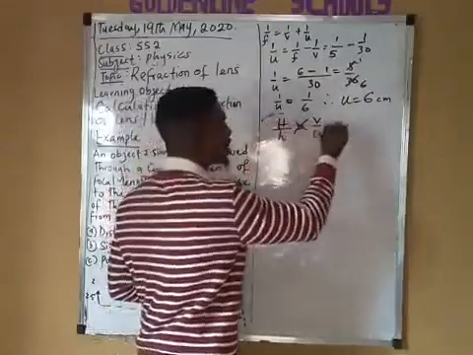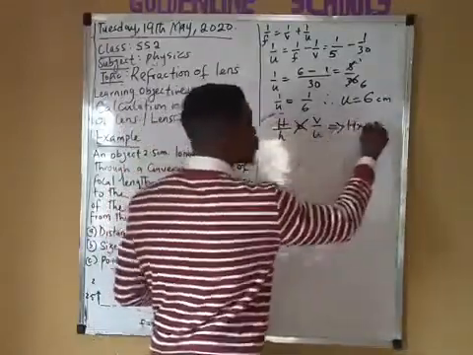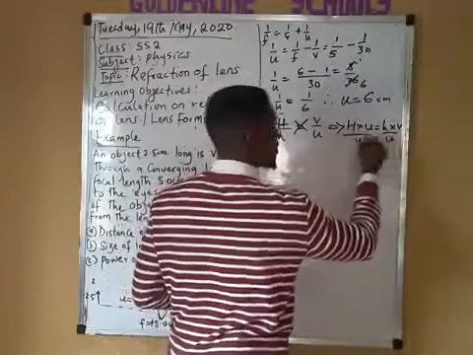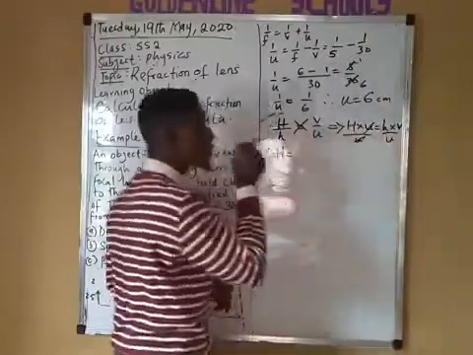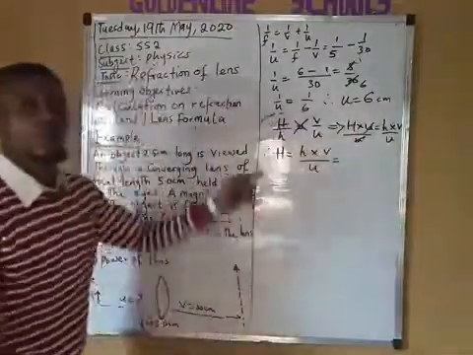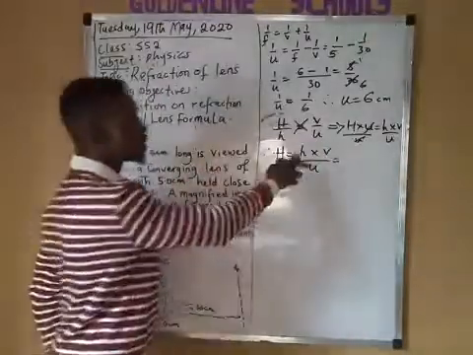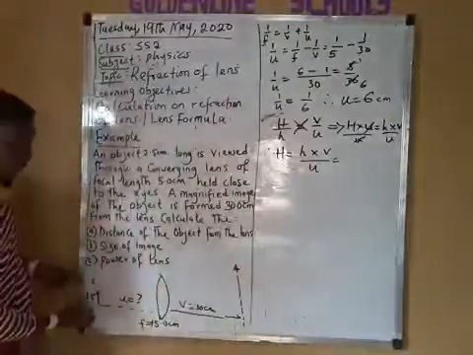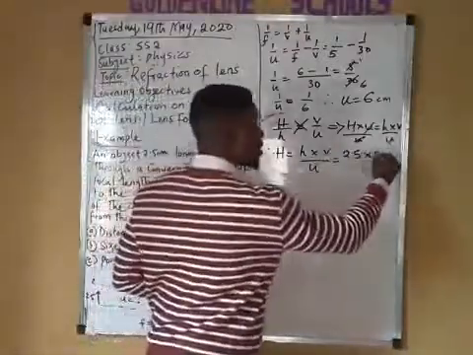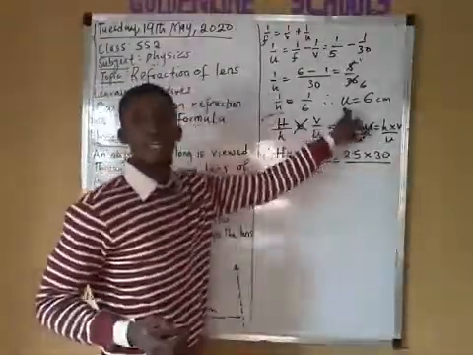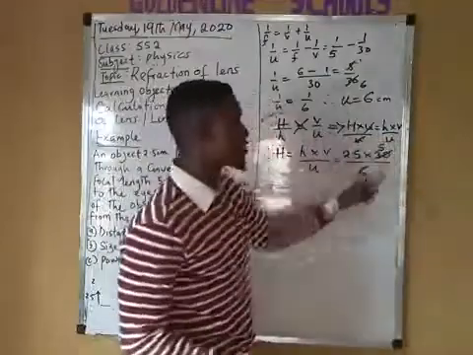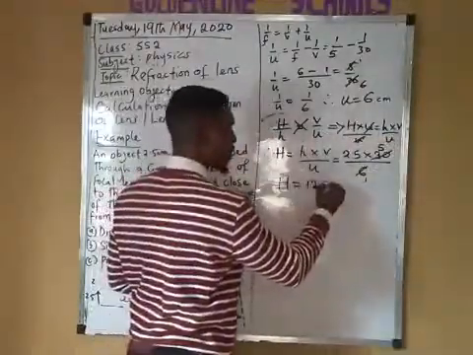You cross multiply: H_i times U equals H_o times V. You divide by U, this cancels, so H_i becomes H_o times V over U. Putting all the parameters into the formula, the object height is 2.5, times the image distance, which is 30, over the object distance you got, which is 6. 6 into 30 gives you 5, so 2.5 times 5 gives you H_i as 12.5 centimeters.